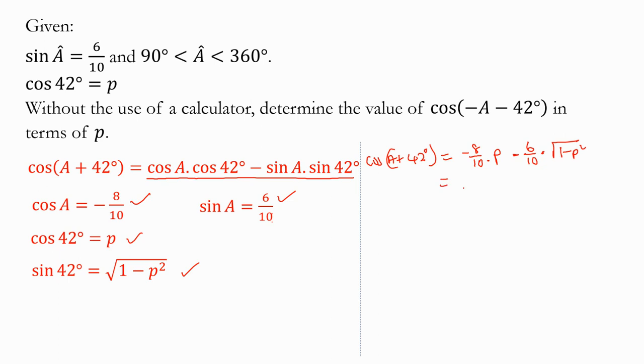So this is just negative 8p over 10 minus 6 square root of 1 minus p squared over 10.